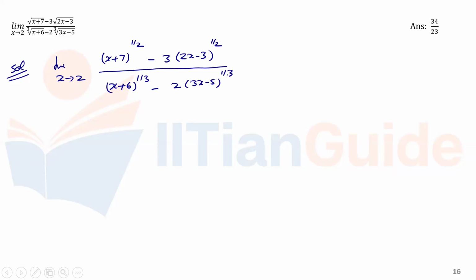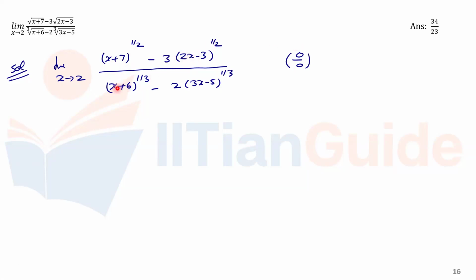एक चीज तो होती ही हमेशा रहेगी, limits के question में they will be always in the indeterminate form, most of the time it is 0 by 0 और infinity by infinity, ज्यादातर यही होता है. 0 into infinity या बाकी terms नहीं आती हैं, आती हैं तो उसको हम लोग manipulate कर ले जाते हैं, convert कर ले जाते हैं, बताएंगे जब question आएगा. But anyway it is in the form of 0 by 0. If you put x to be 2, you are getting 2 plus 7, 9, 9 power half is 3, here minus 3, 3 minus 3, that is 0.